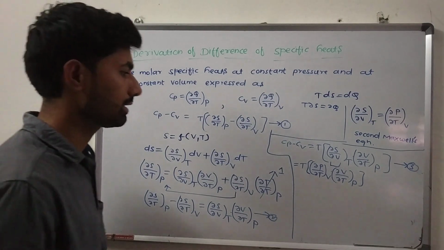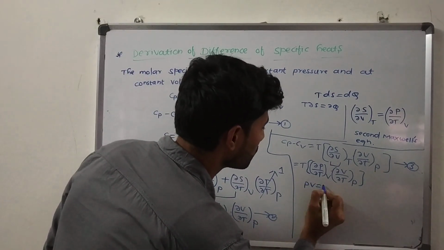Now for a perfect gas we can write PV equals RT.